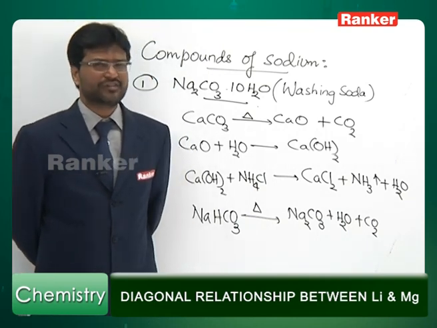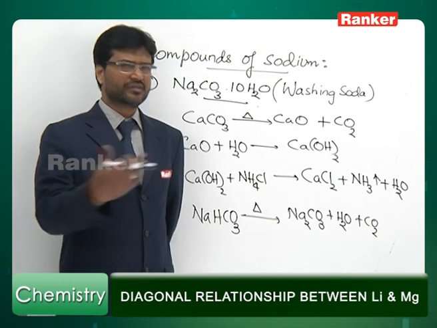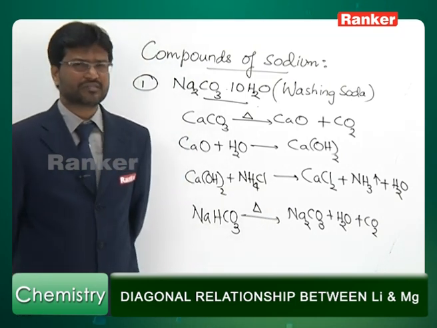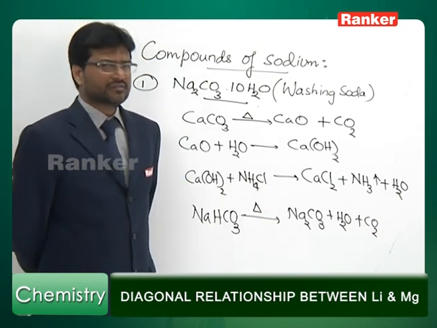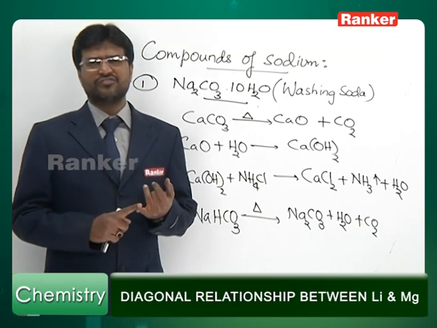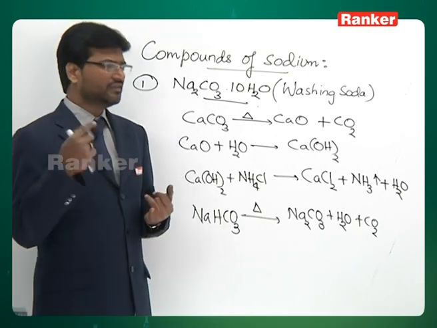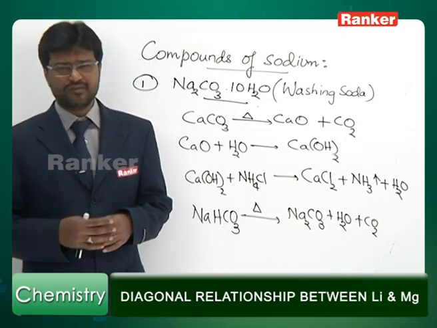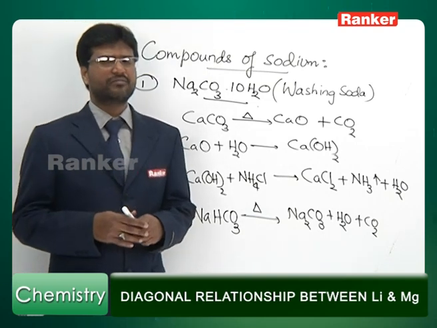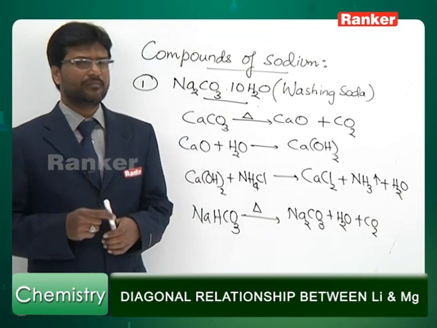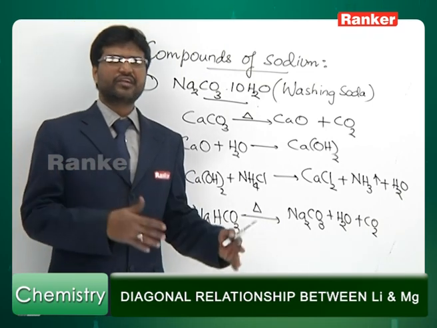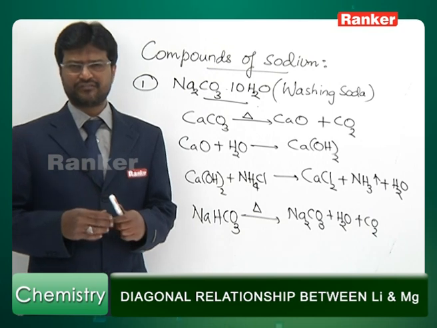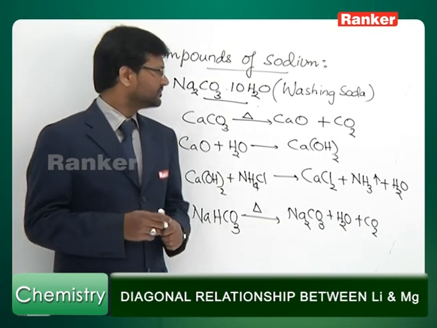Sodium carbonate can be transformed into sodium bicarbonate. We will be discussing that under sodium bicarbonate. So one, sodium carbonate is used in the softening of hard water. It is also used in the manufacture of sodium bicarbonate, which is popularly called baking soda. It is used as a reagent in qualitative and quantitative inorganic analysis.